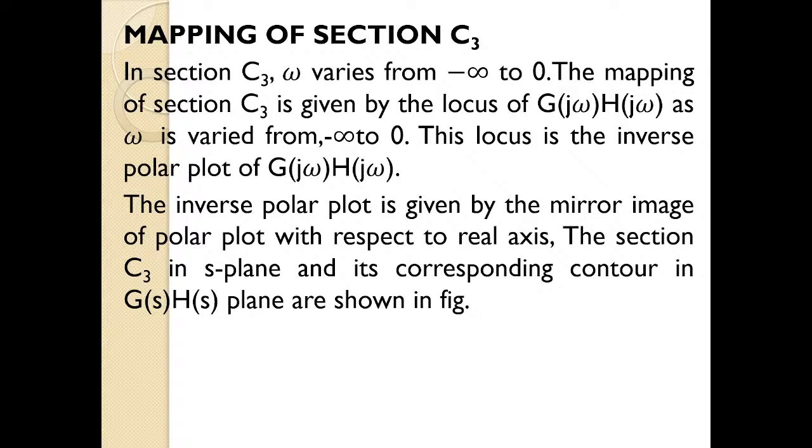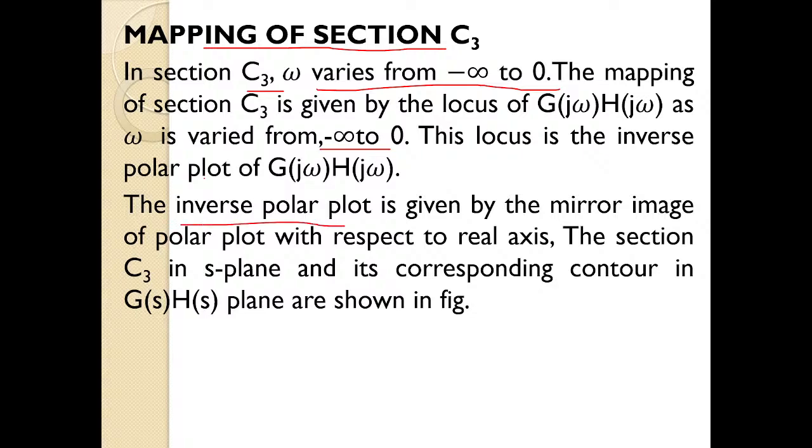Okay, now let us go for the mapping of C3. So for mapping of C3, omega varies from minus infinity to 0. As omega varies from minus infinity to 0, it is just the mirror image of C1.